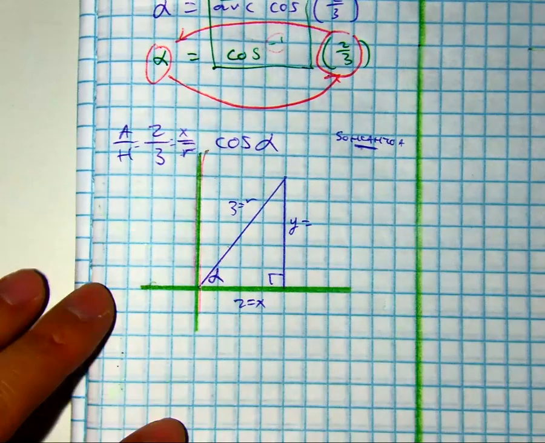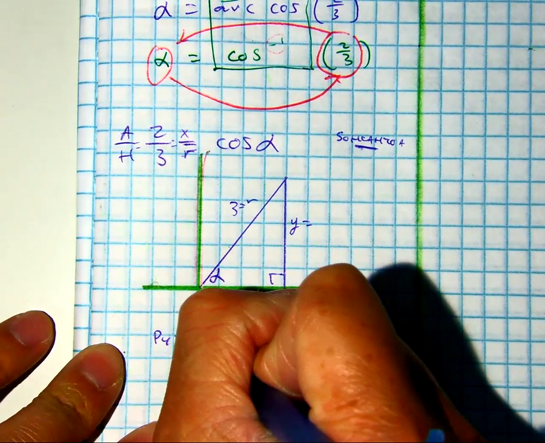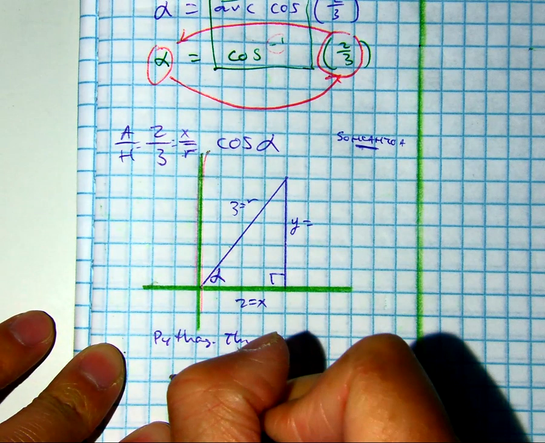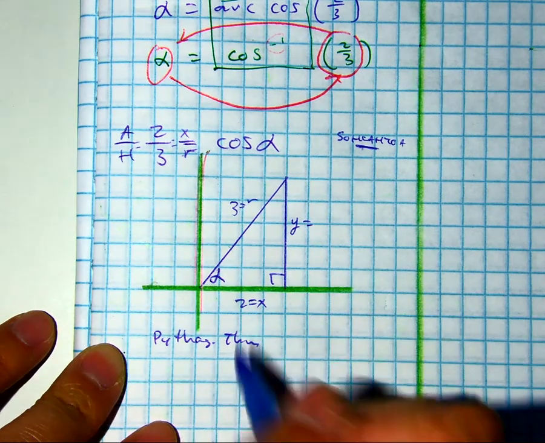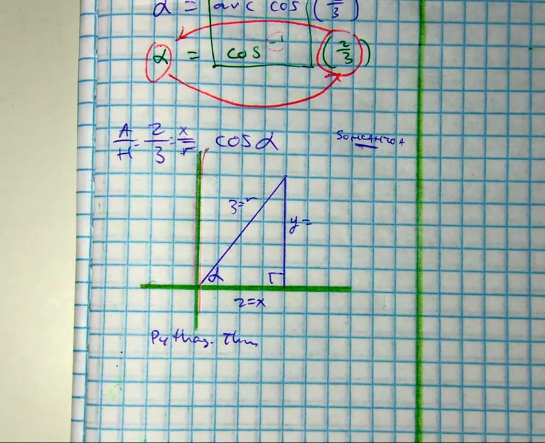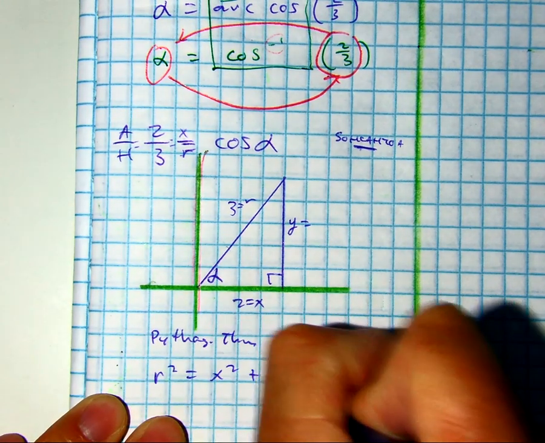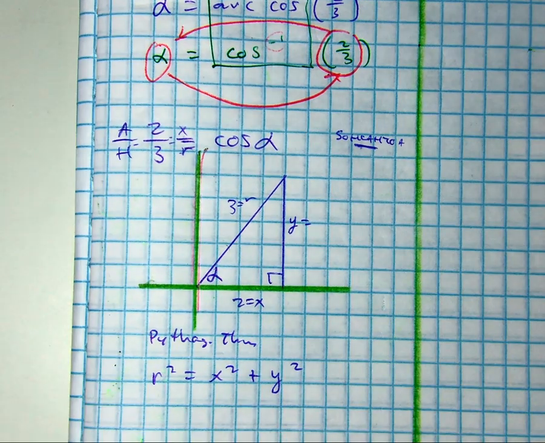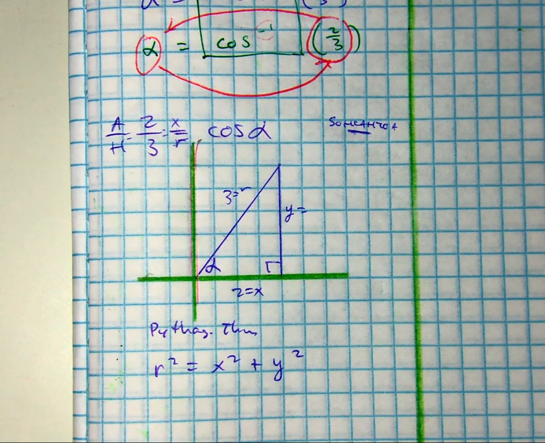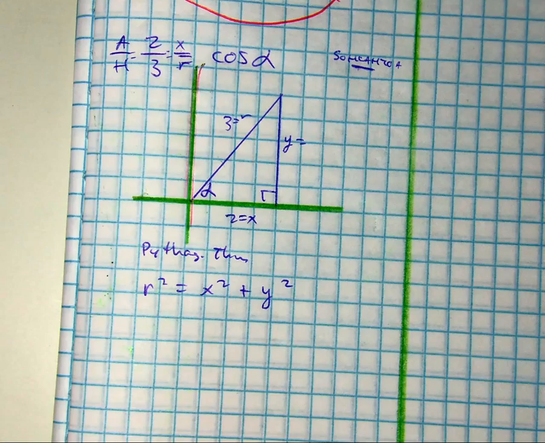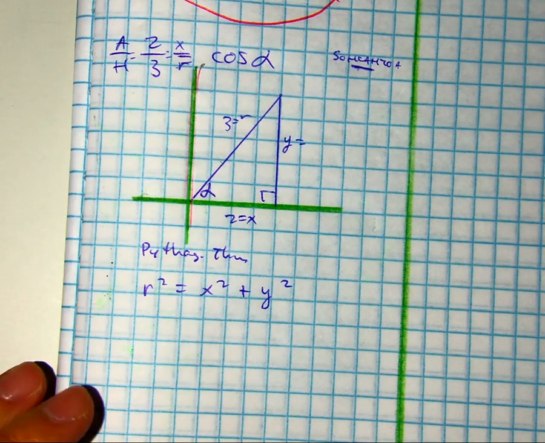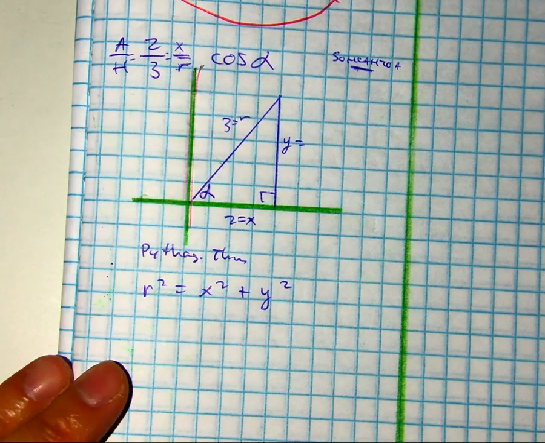The Pythagorean theorem is... Partner A, tell partner B the Pythagorean theorem in terms of x, y, and r. Ready, set, go. It's kind of embarrassing, but just go slow, because a lot of you think Pythagorean theorem is so easy and then miss it left and right.